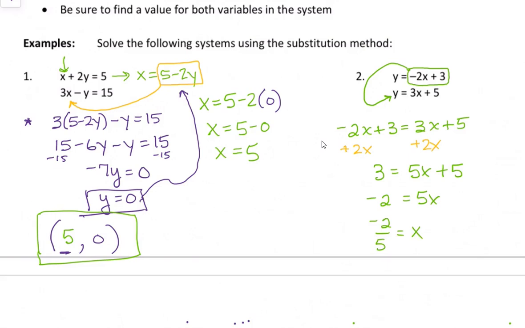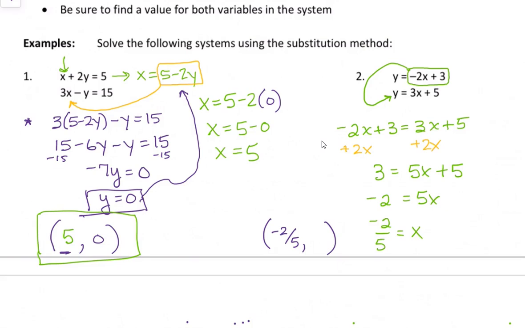So again, we're looking for an ordered pair for our answer. And we've got the first half of that ordered pair, but we need the second half. And I know it's not great that this is a fraction, but sometimes we're going to get fractions, so you just got to deal with it.